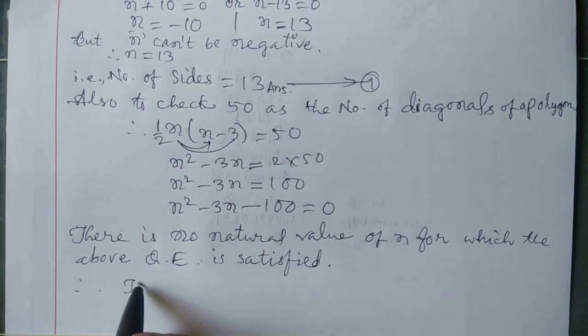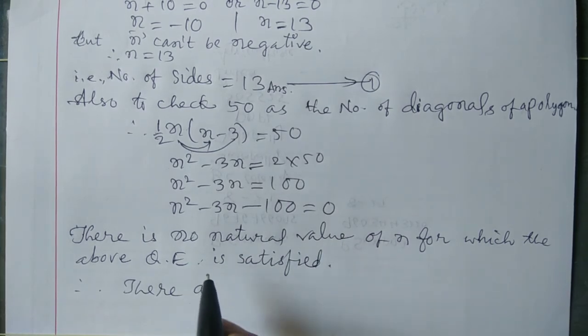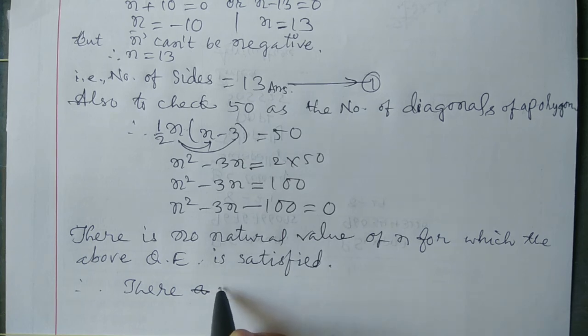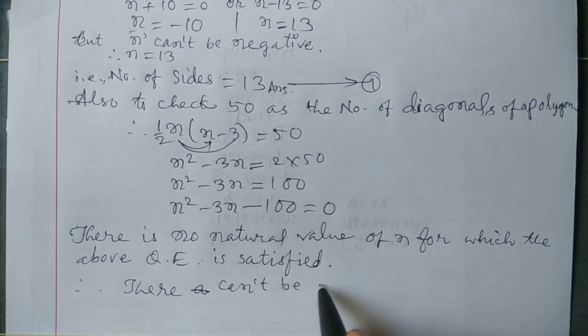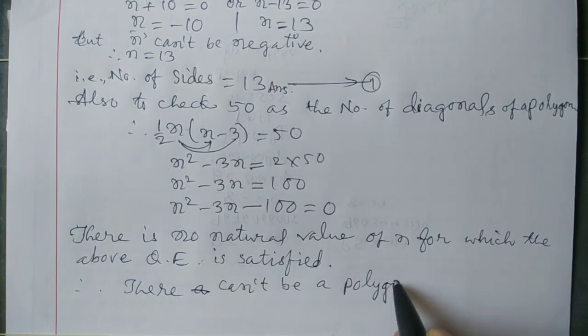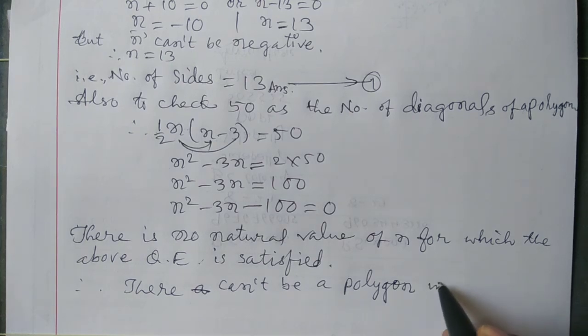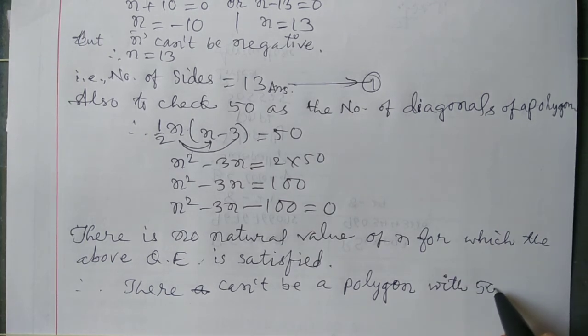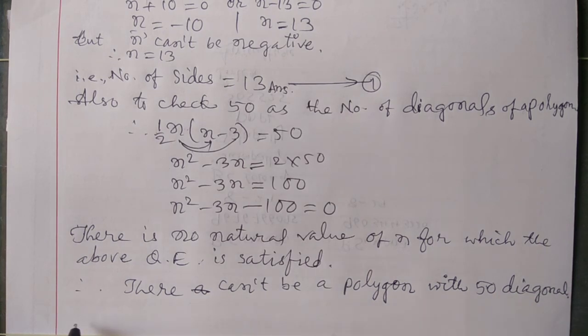Therefore, there can't be a polygon with 50 diagonals. So this is the second answer.